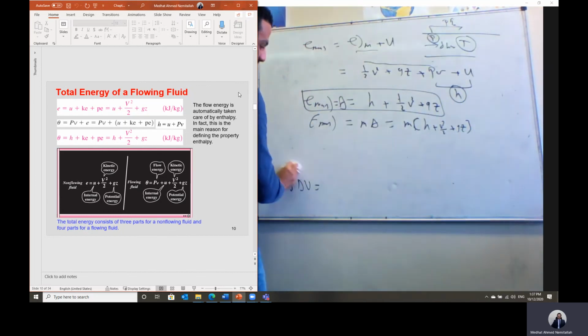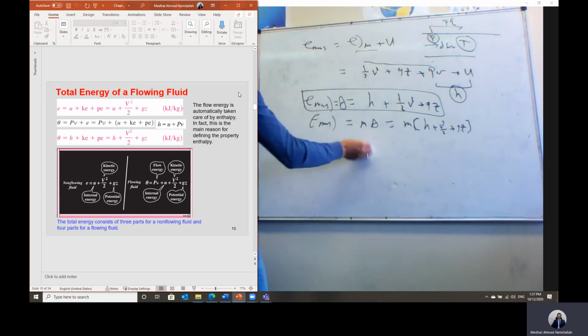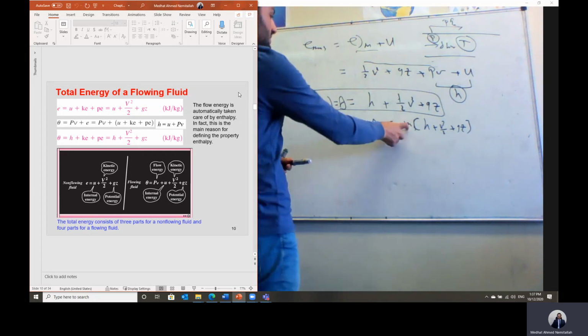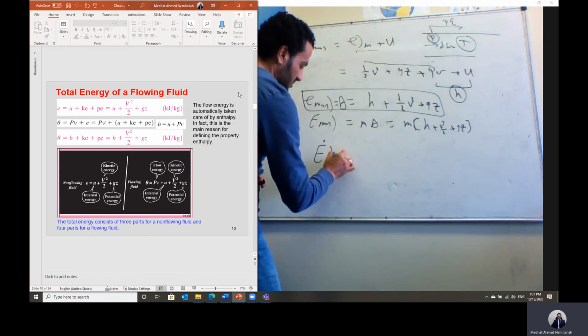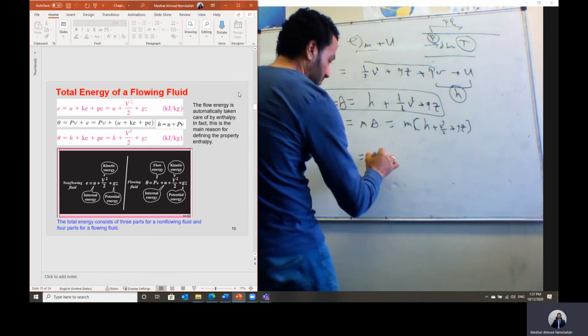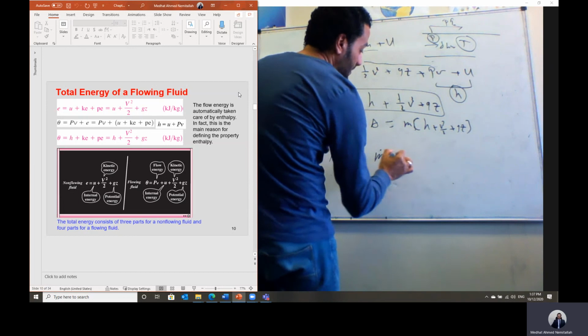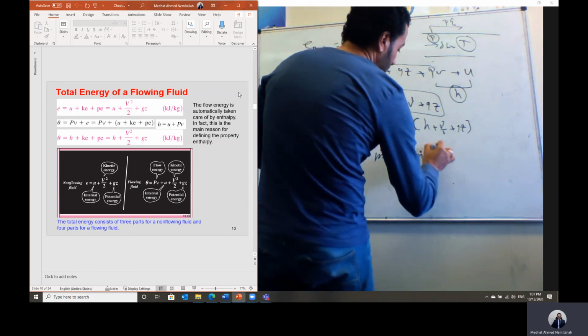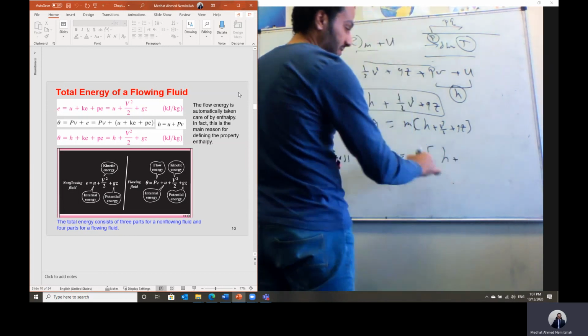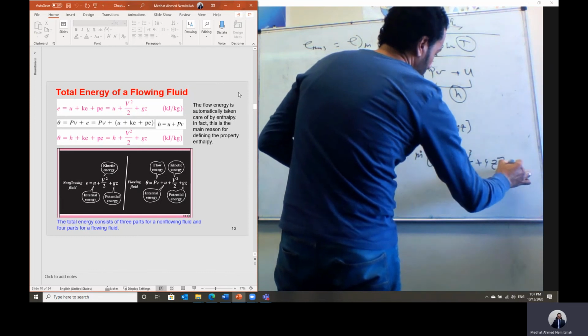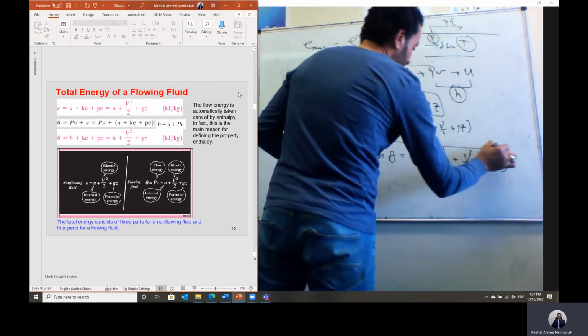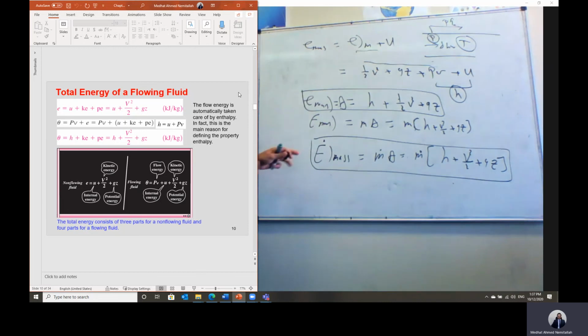We have to divide by time, so dividing the mass by time gives the mass flow rate. So the rate of energy transfer due to mass transfer will equal m dot multiplied by theta, which equals m dot multiplied by the enthalpy of the fluid plus the kinetic energy plus the potential energy. And this is the term of energy transfer by mass.